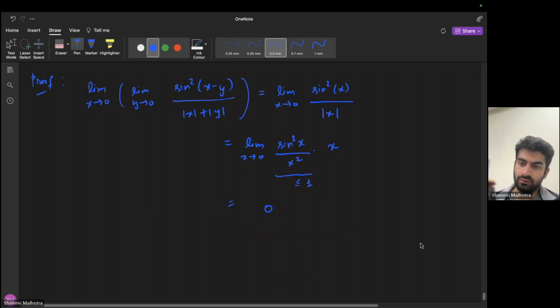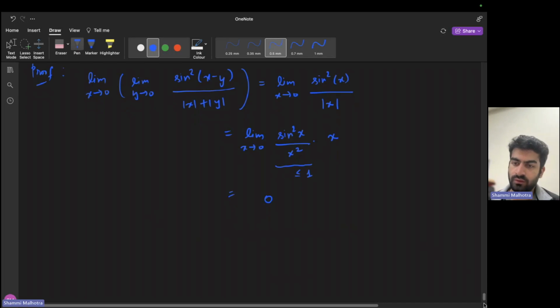So now let's try to bound this function whenever x, y tends towards 0. So let us consider sine square (x minus y) whole divided by mod x plus mod y.